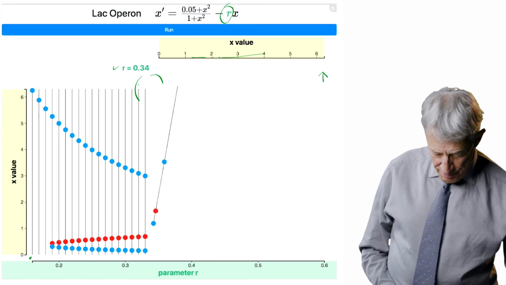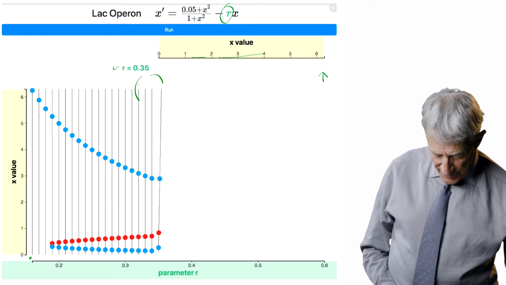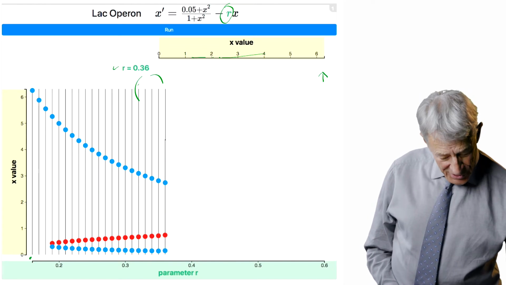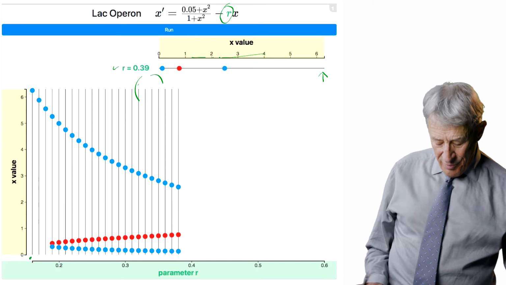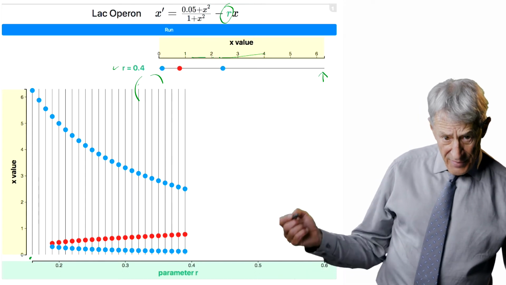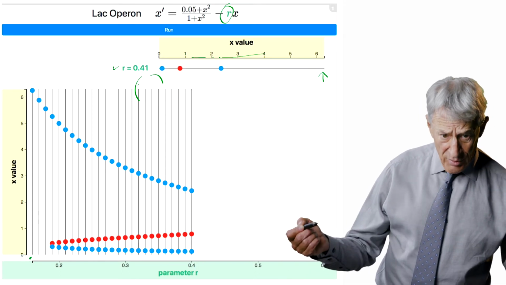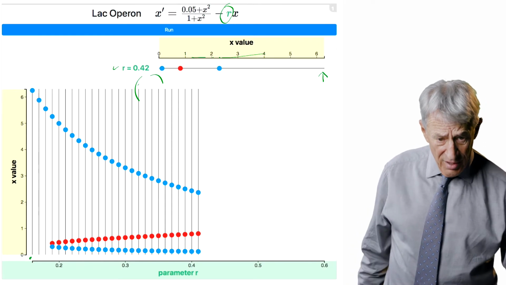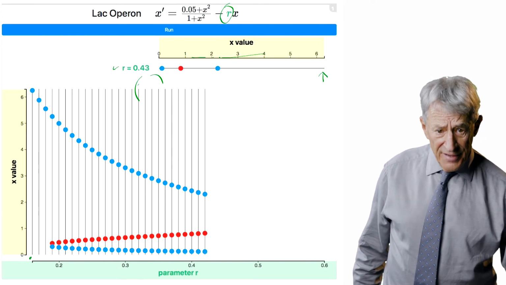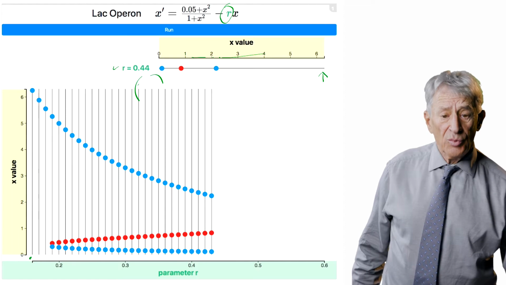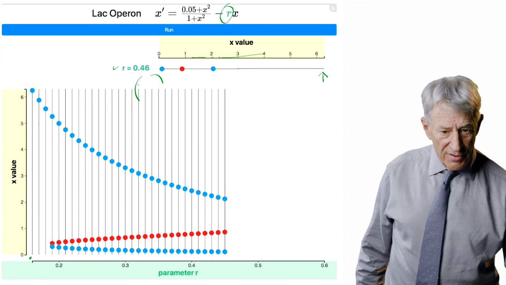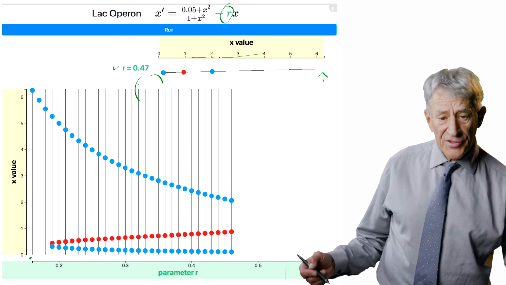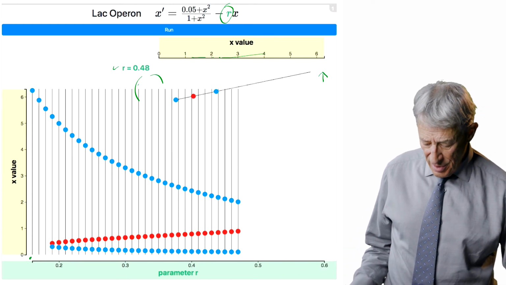0.33, 0.34, 0.35. So pretty soon, as you see, the red unstable equilibrium point is going up, and the blue high stable equilibrium point is coming down, and they are eventually going to collide with each other and annihilate each other in a reverse saddle node bifurcation.